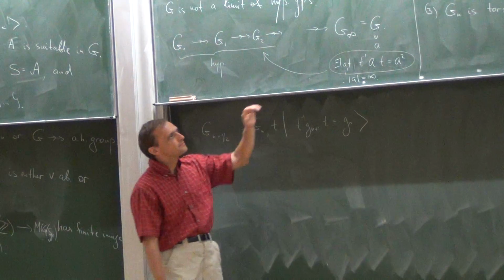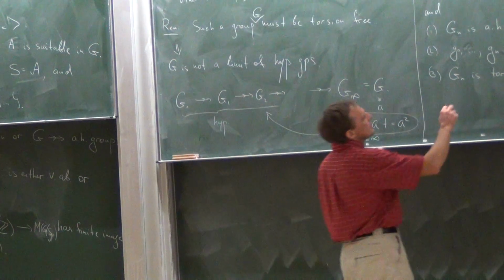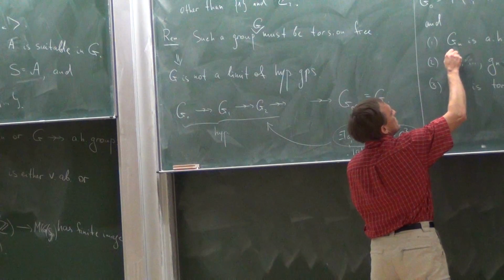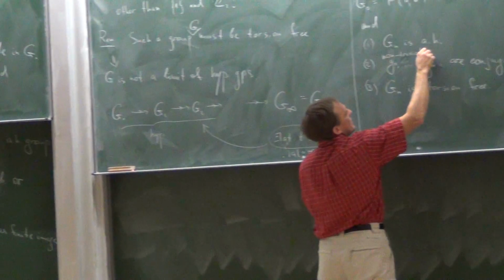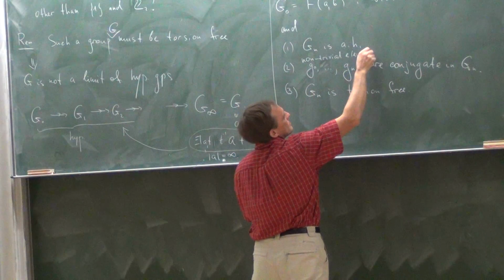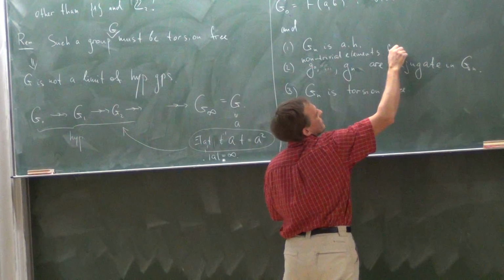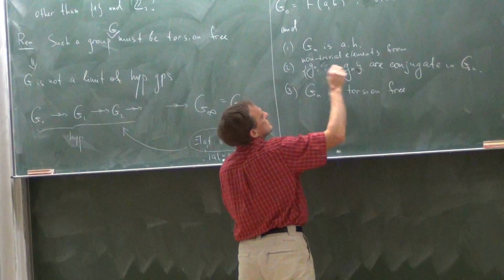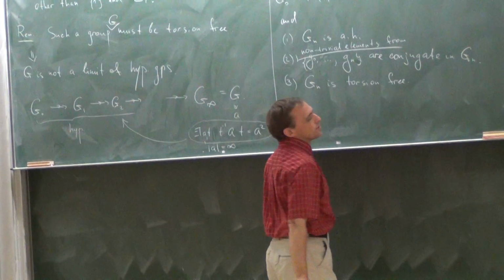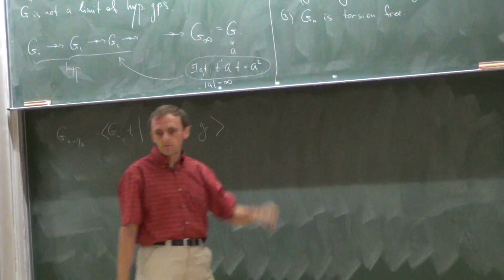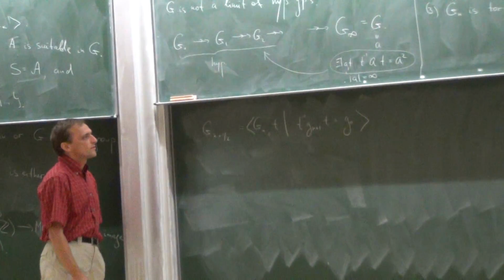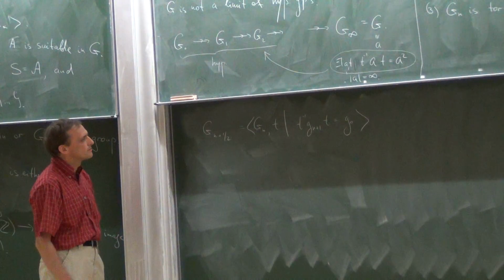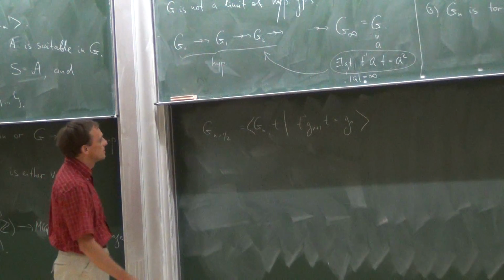So, let me say non-trivial elements from this set are conjugated to Gn. Of course, some of them may become trivial at some steps, and that I don't care about, because the only thing I want is to have all non-trivial elements conjugated.